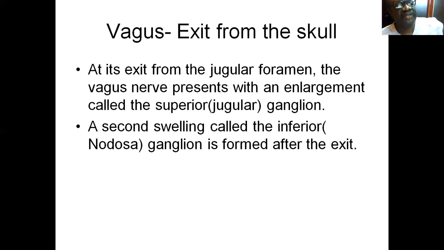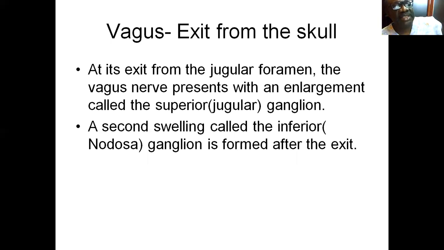At its exit from the jugular foramen, the vagus nerve presents with an enlargement called the superior or jugular ganglion. A second swelling, called the inferior nodose ganglion, is formed after the exit from the skull.